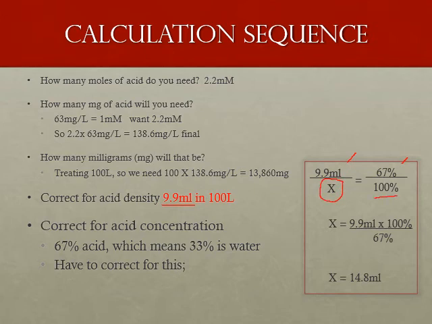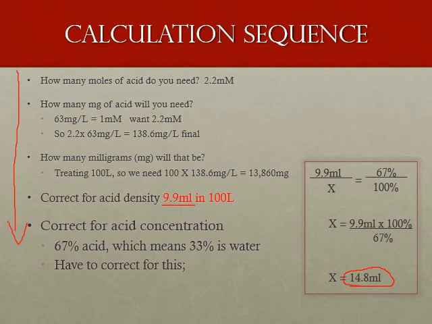And there's the math for you as you see how I've done it. 9.9 times 100 divided by 67 gives us 14.8 milliliters corrected volume for 67% acid. So this is the sequence of calculations that you would go through for acid correction.